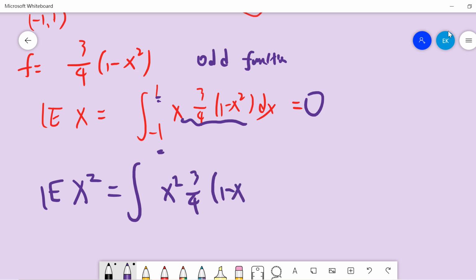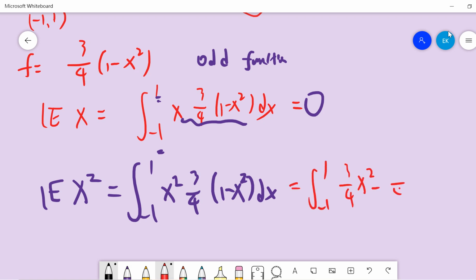So the total is exactly 0. Now the expectation of X squared, and unfortunately you need to do the integration. So let me do it for you. Yeah, this is correct, right?